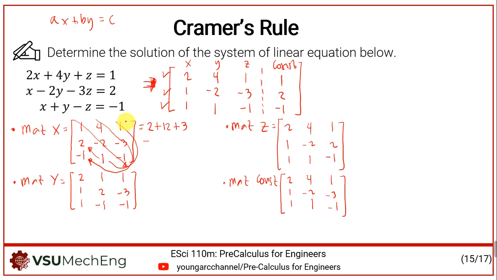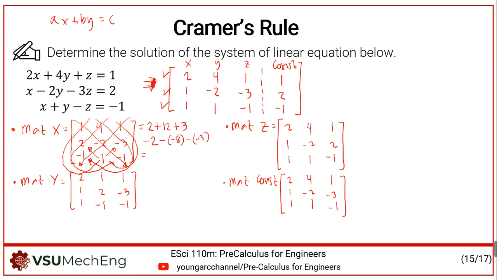Then minus this one, 1 times negative 2 times negative 1, that's positive 2. Then 4 times 2 is 8 times negative 1, that's negative 8, so minus negative 8. Then lastly, 1 times 1 is 1 times negative 3 is negative 3, so minus negative 3.